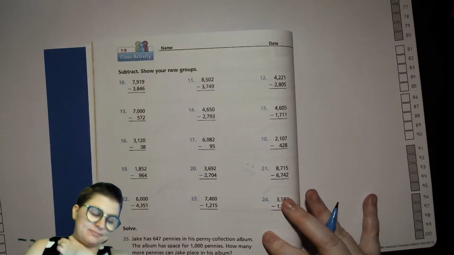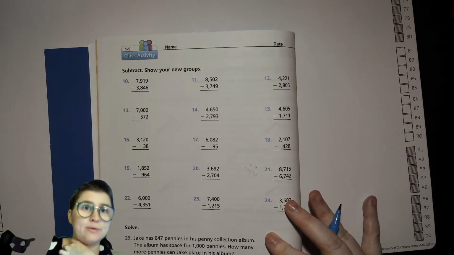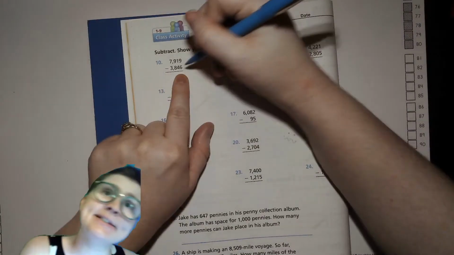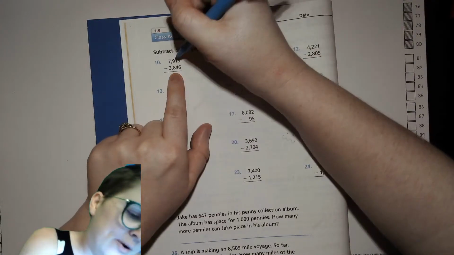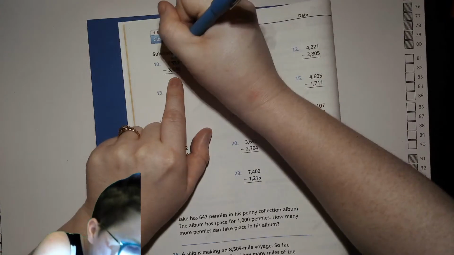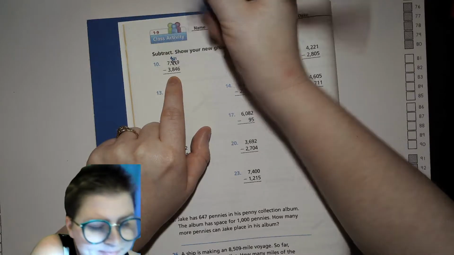So here we go. We're going to go row by row. I want you to not get too far ahead. So if you're feeling good, you can go ahead and do this row and then correct them with me. Okay. 9 minus 6, that's fine. 1 minus 4, though, that's not going to work. So we're going to need to ungroup. So we'll have 800 there and then 11 there.